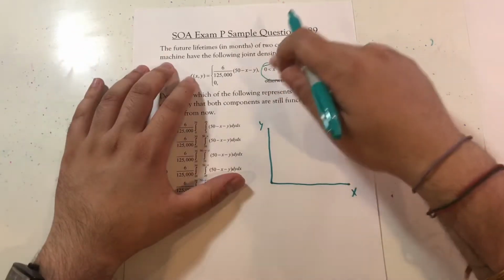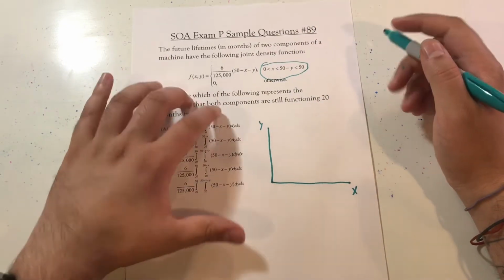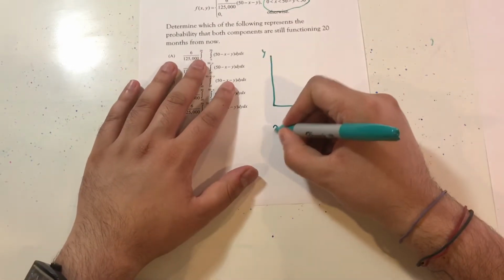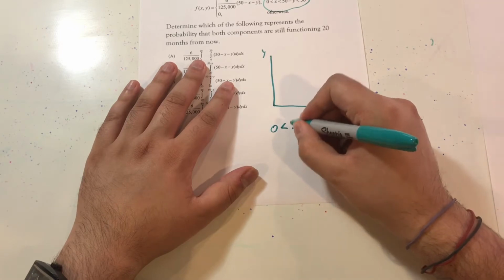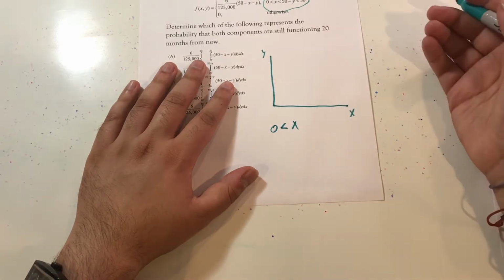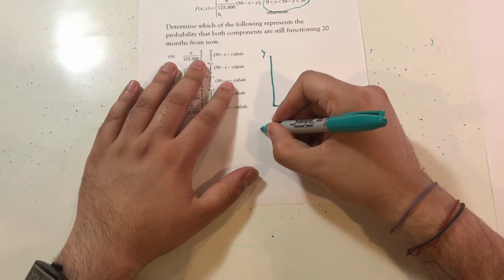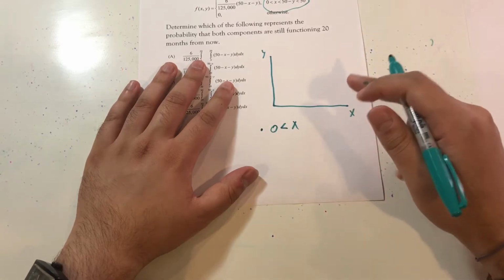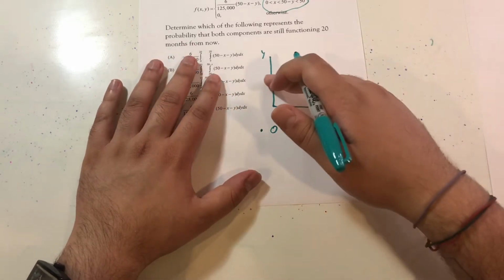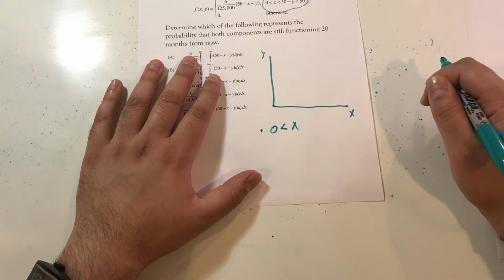Well, I have three inequalities to deal with. So the first inequality is x greater than 0, right? That's the first one. And that's just represented by any value to the right of the y-axis.